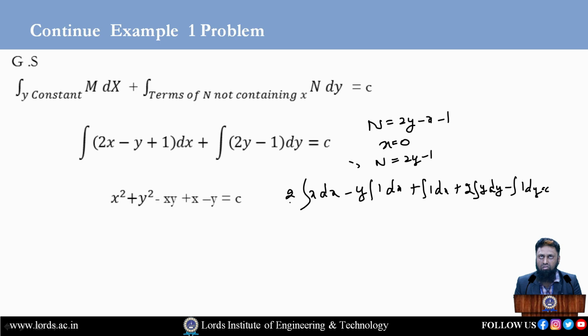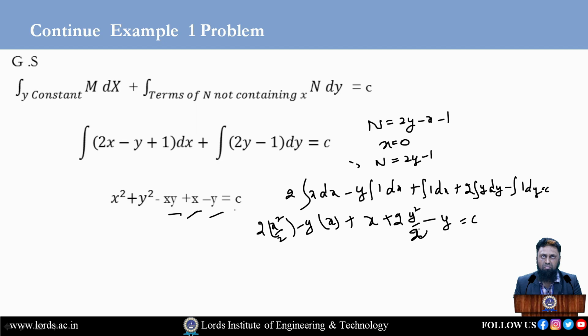Now integration of x is x square by 2, minus y times x, plus x, plus 2 into y square by 2, minus y, equal to c. The 2 cancels, and you get the answer: x square plus y square minus xy plus x minus y equal to c.